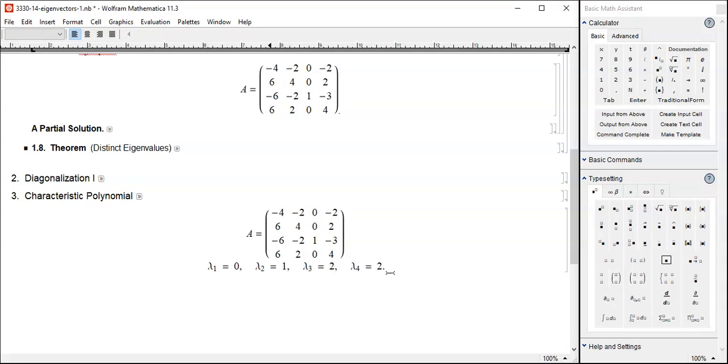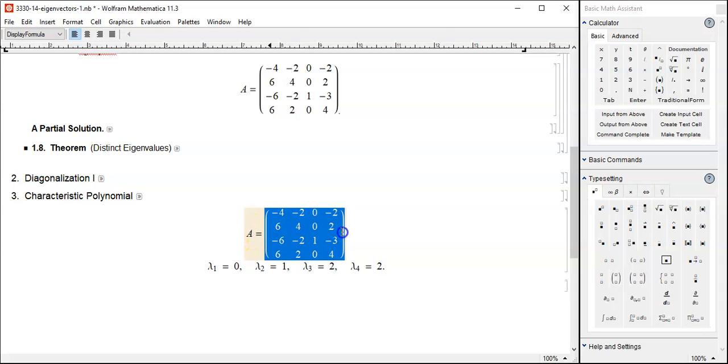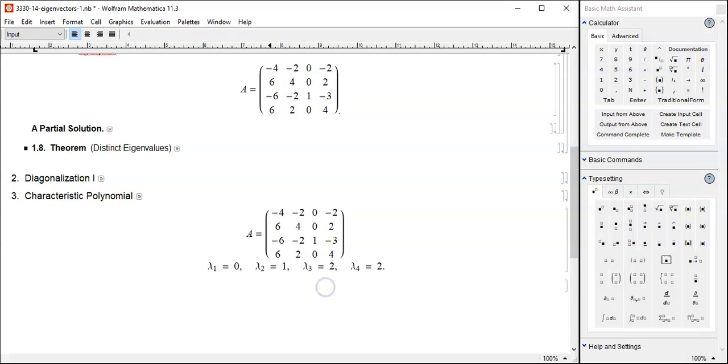Now, let's find the eigenspace, and the easiest is this one. What you need to do is find an eigenvector, and then get all the eigenvectors. But what you actually need is the linear combination of those.